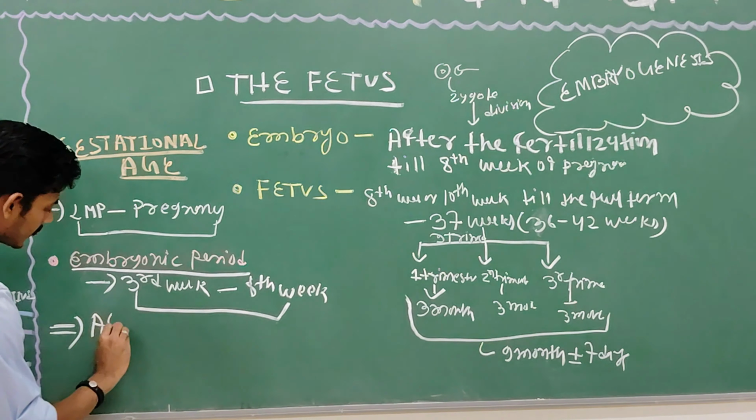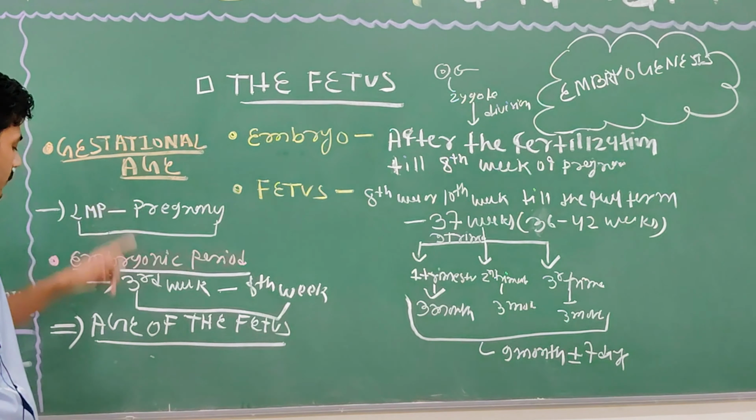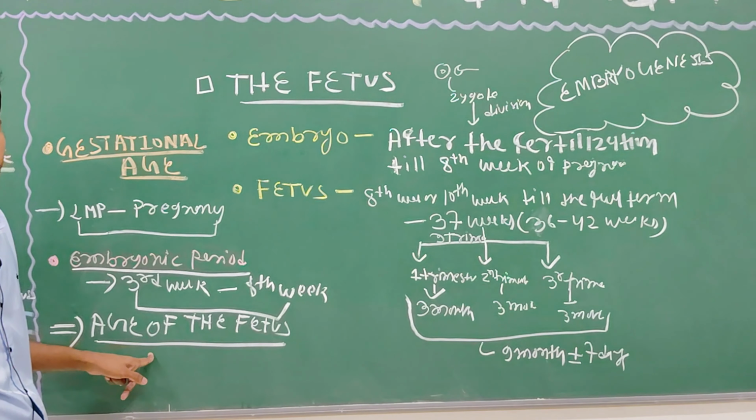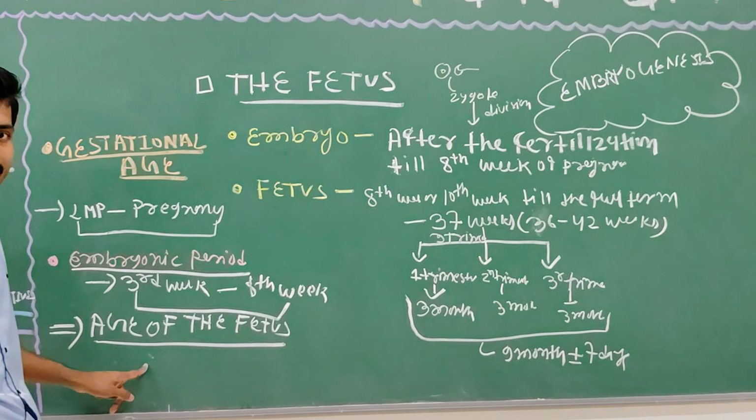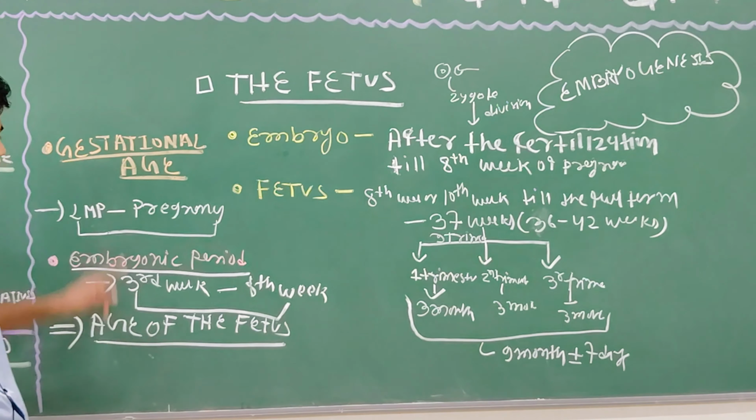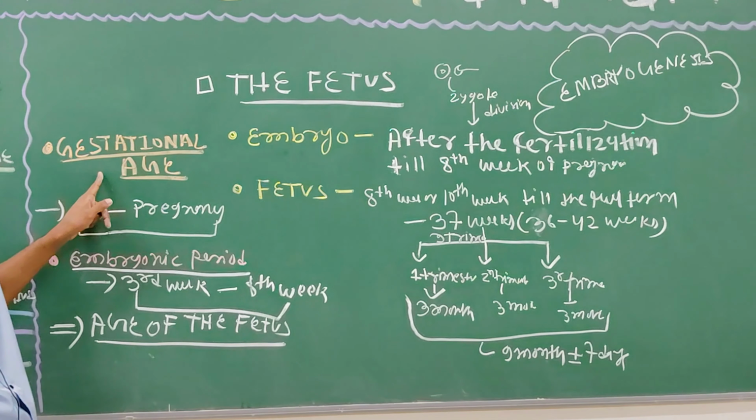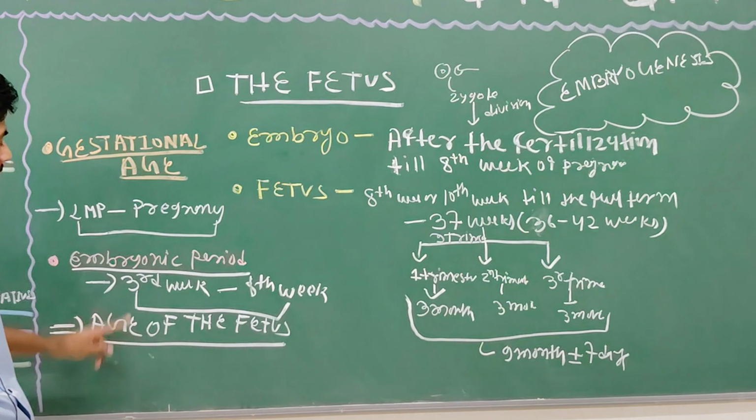Whatever the gestational age is, the same applies to the age of the fetus. If gestation is about 2 weeks, it means the age of the fetus is about 2 weeks. Are you getting the points? So the gestational age and age of the fetus are closely related; both are synonymous and used alternatively.